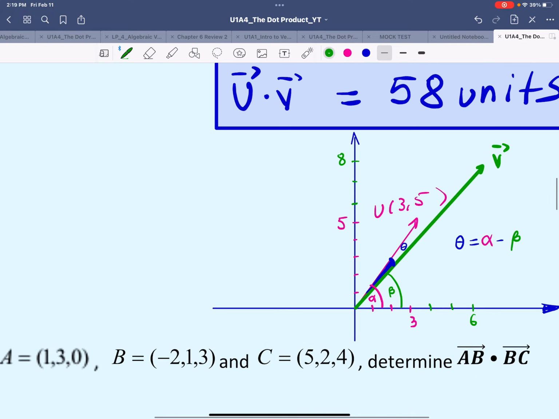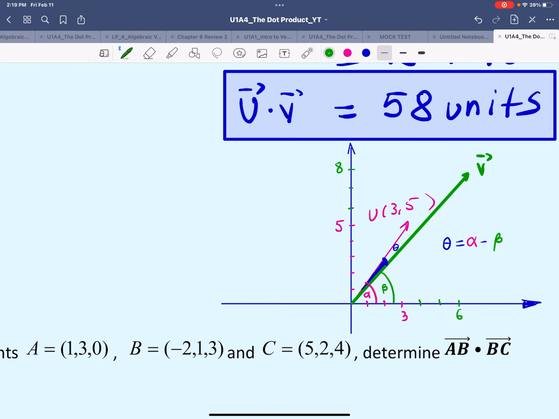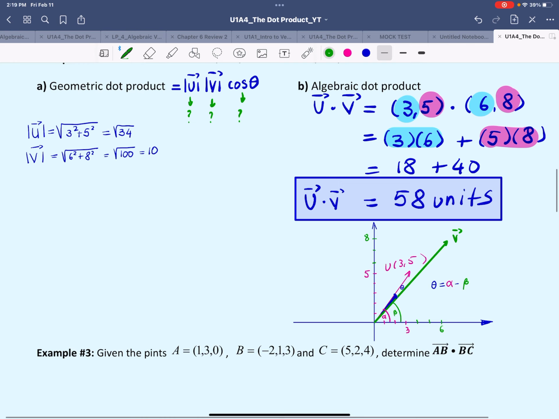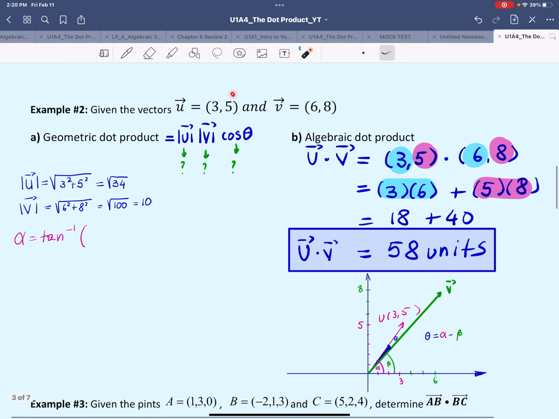So we have the vectors given on the Cartesian plane, algebraic vectors. We can easily find alpha and beta. So we'll say that alpha equals inverse tan of y over x. So we're using the coordinates of the vector, which are 5 and 3. Use the calculator to find alpha, second tan 5 over 3, I got here angle 59 degrees. I'm not rounding to the nearest whole number.